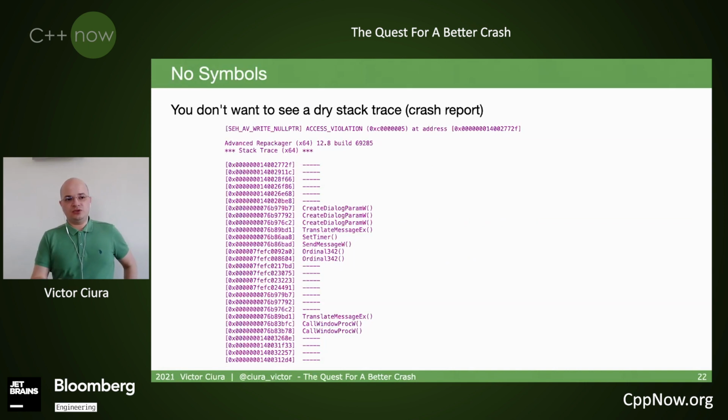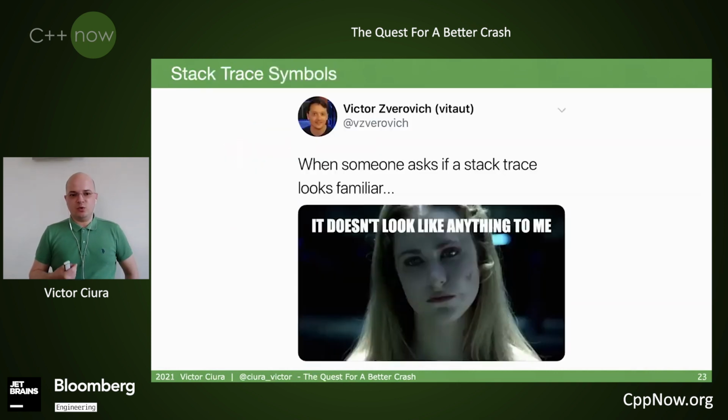So basically, what you want is to see a full stack trace, not a dry one like this one without any symbols. This one has some context that you can attach to and drill into, but it's definitely not a friendly sight. You want to see something more meaningful. As you try to explore it and bring it into your IDE and jump in to debug the problem, you want to immediately see a starting point, a hook, somewhere to start.